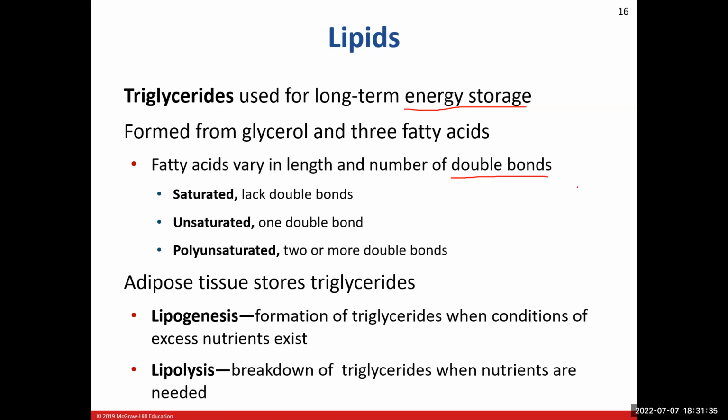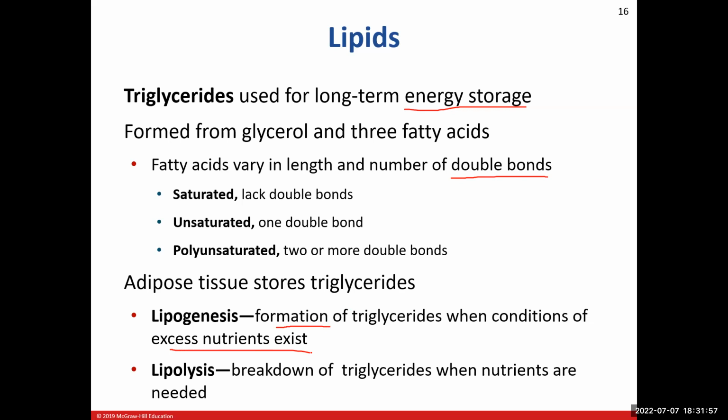So when we're talking about lipogenesis, we're talking about making triglycerides. And we do this when we have excess nutrients available to make the triglycerides, because then we're going to store them for later.